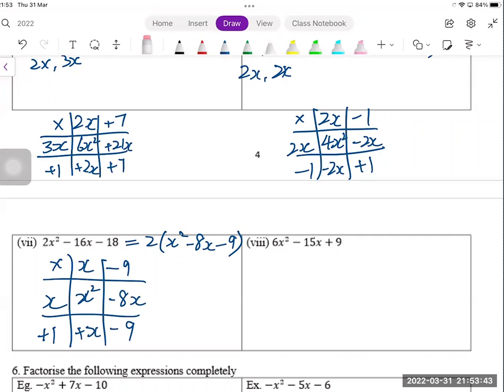Okay, sorry, I jumped too many steps. Okay, so negative 9x and x will give me my negative 8x, which is what I'm looking for. Right? So with that, I can write this as 2 times x minus 9 times x plus 1.